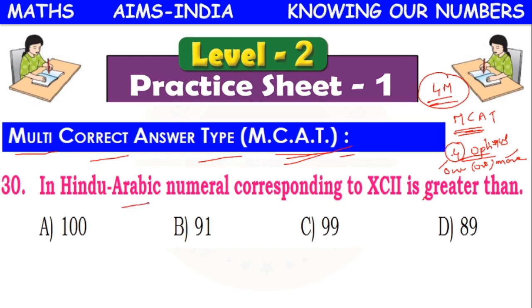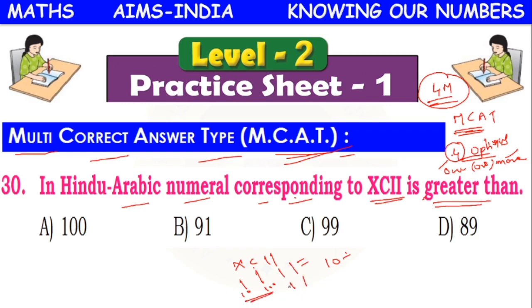The Hindu Arabic numeral corresponding to XCII is greater than what? They have given in the question XCII, which means X stands for 10, C stands for 100, I stands for 1, another I stands for 1.